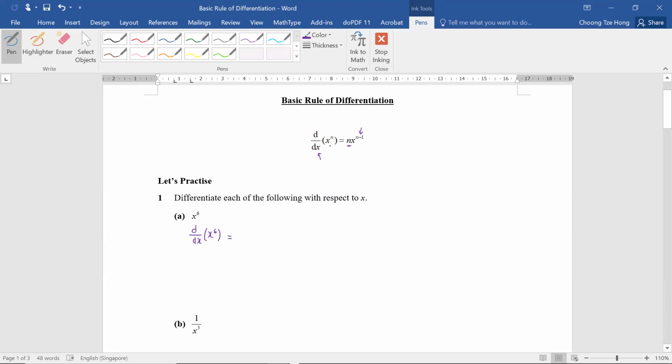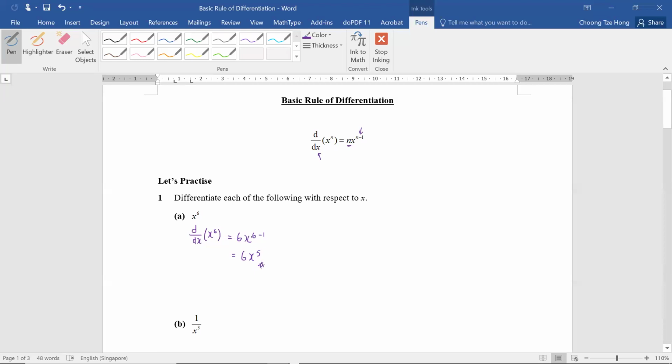Like what we discussed earlier, we bring the power in front, so the 6 goes in front, so you have 6x, and then you reduce the power by 1, so 6 minus 1. So the answer for 1a would simply be 6x to the power of 5. This is the basic rule of differentiation.